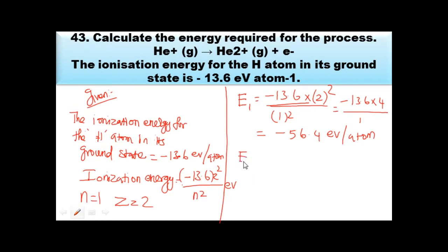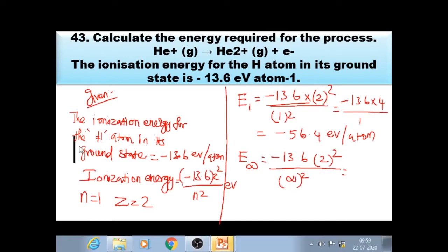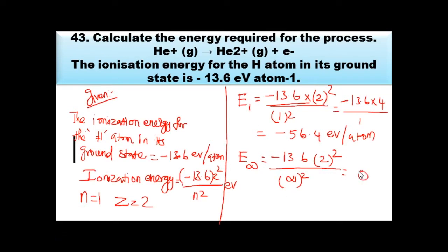Then the next one is E infinity. Infinity means there is no end. Minus 13.6 multiplied by 2 square, because of the atomic number, divided by infinity square, so the answer is 0.